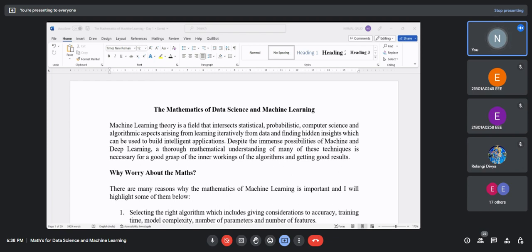How to explore the data, what features are present in the data, what are its characteristics, and after knowing all the terms, we need to apply some maths over it. Because unless and until you perform calculations over the data, how are you going to get the results? So obviously maths is required.